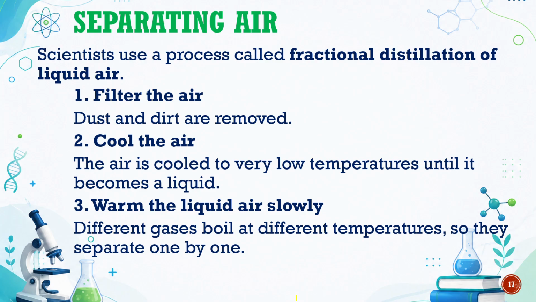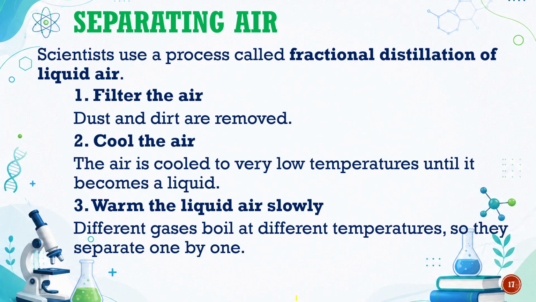So what do we do in this fractional distillation? First thing, you have to filter the air. Obviously in air there would be dust particles and other things, so first we filter the air to get rid of the dust and dirt, right? Then you get a typical original air mixture with the gases only, as dust and dirt are removed. Second step is cooling this air.